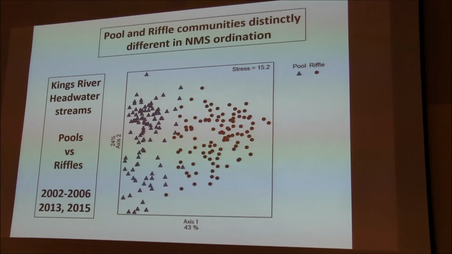So they're inhabited by very different communities of organisms. You see the blue triangles on the left represent the pools, and the red circles on the right represent the riffles. So very different kinds of community composition represented in riffles versus pool environments.